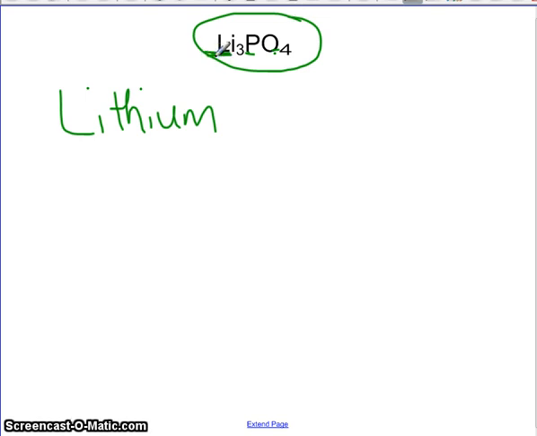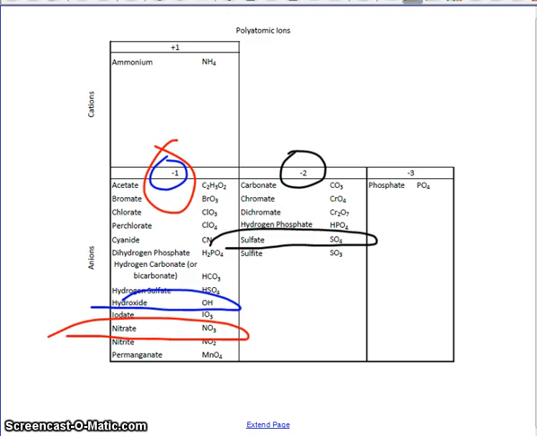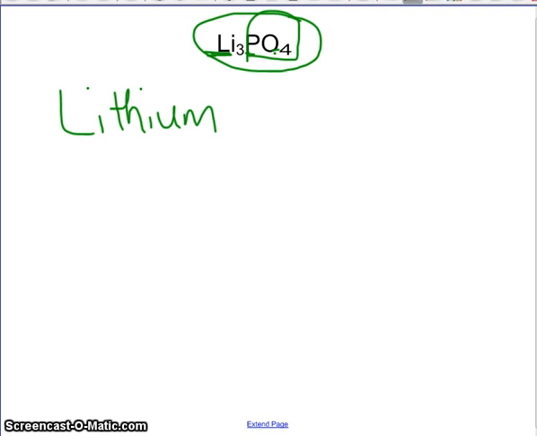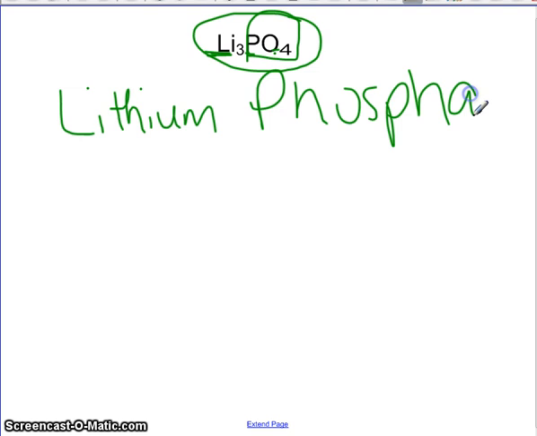Li is just lithium. So I need to look for PO4 and see if that's on the list. I needed to look for PO4, which is right here. And that name is phosphate. So the name of this compound is just lithium phosphate. The name of the cation as it is, the name of the polyatomic ion as it is.